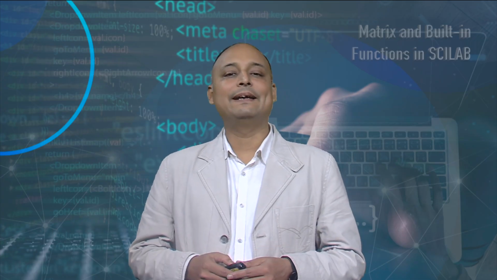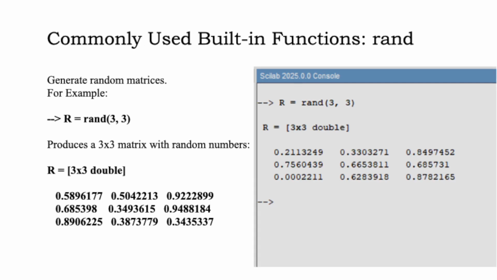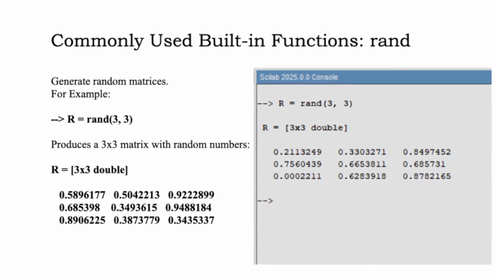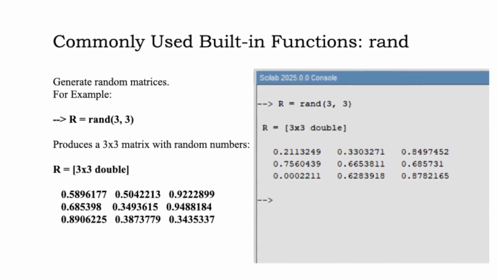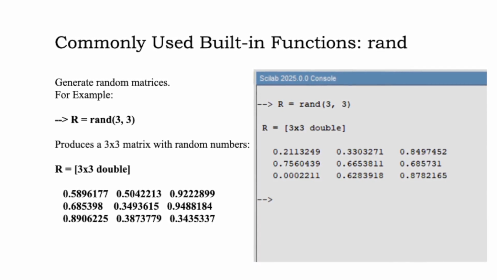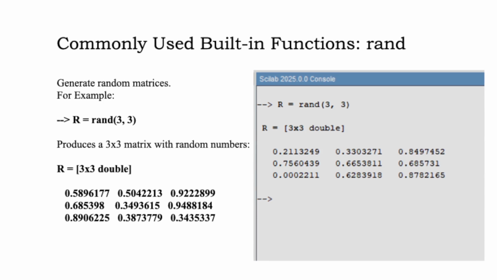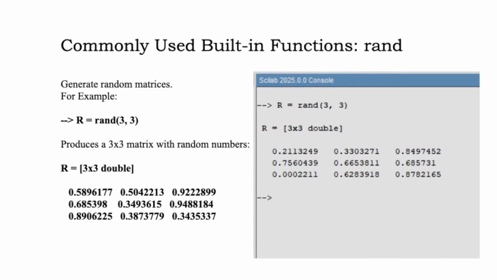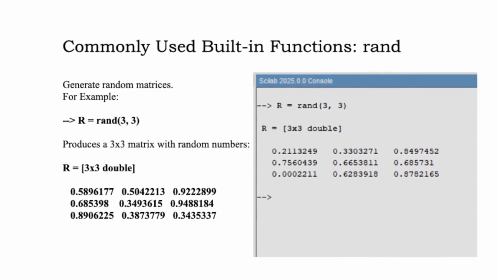Moving on to the next function, that is the rand function. rand generates random matrices. For example, capital R equal to rand within bracket 3, 3 produces a 3 by 3 matrix with random numbers.